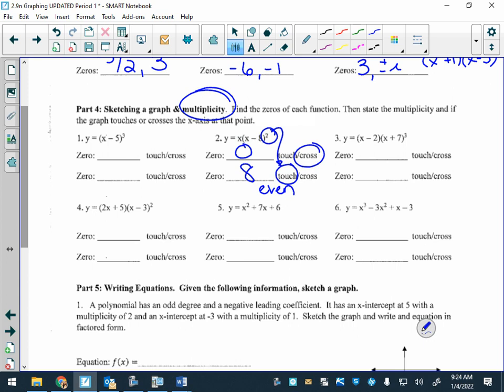If it's odd, it's crossing. Okay? So for example, for number 3, we have 2 and negative 7. They're both going to do what? Cross. Good.